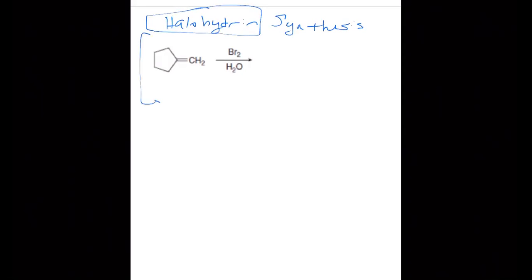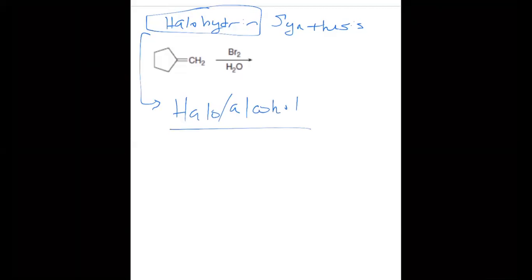So this reaction that's shown here is an example of what we call halohydrin synthesis, right? A halohydrin is exactly what it sounds like. It's a halo alcohol, right?